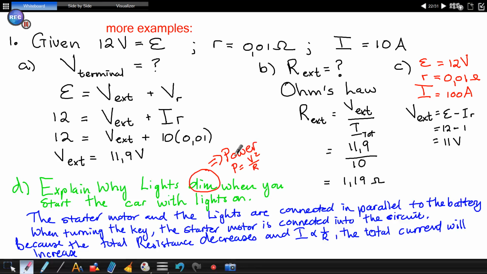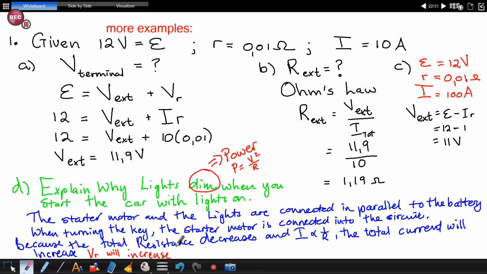But what is going to change over the lights? The voltage is going to change. Why is the voltage going to change? Because with the current increasing, the lost volts will do what? The VR, the lost volts, will increase.